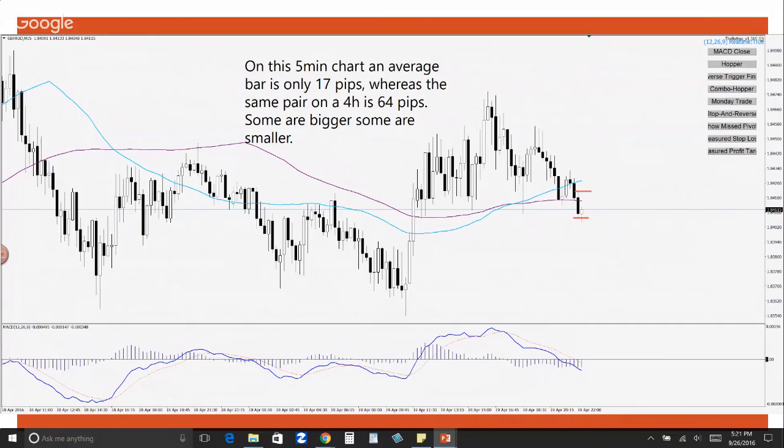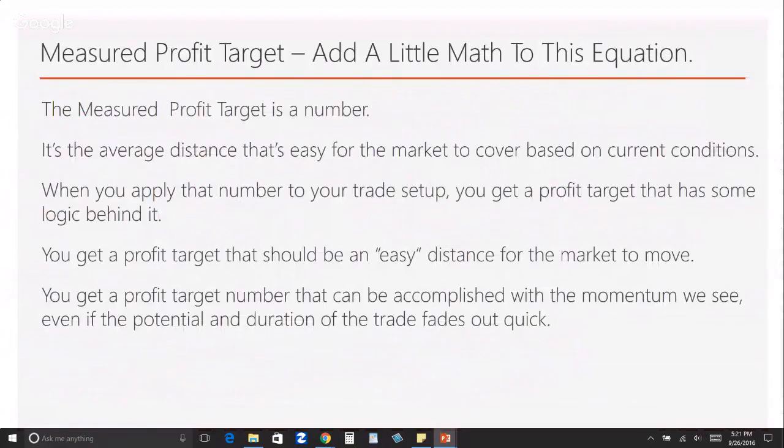There was some mathematical logic, and that logic is, what's the distance this market can easily obtain for this trade, and that's where I'm going to take my profit so that I can really feel like I'm making a safe, sound decision.